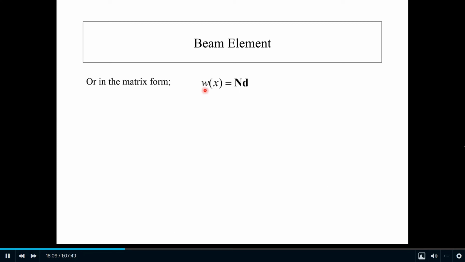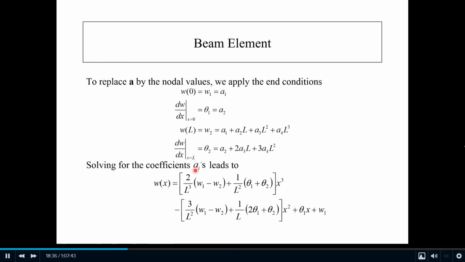Okay, and then what you get is this. You have a relationship between deflection and nodal variables, because they involve the nodal variables: deflection at the left node and theta at the left node, deflection at the right node and theta at the right node. The relationship between these is obtained via the shape functions.